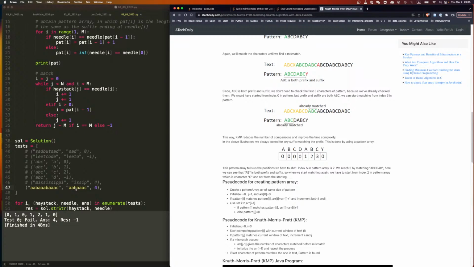Hold on. If they match, increment. If they do not match, set I to array j minus 1, which means, what does it mean? Set j minus 1. Because this is I and j, right?